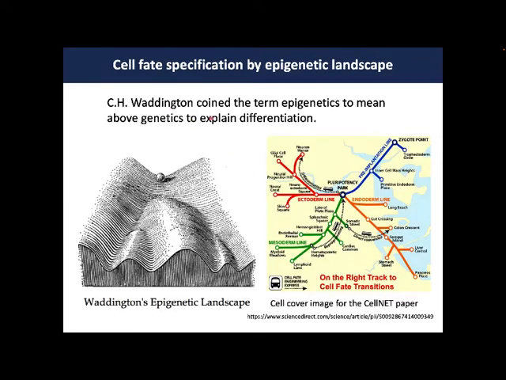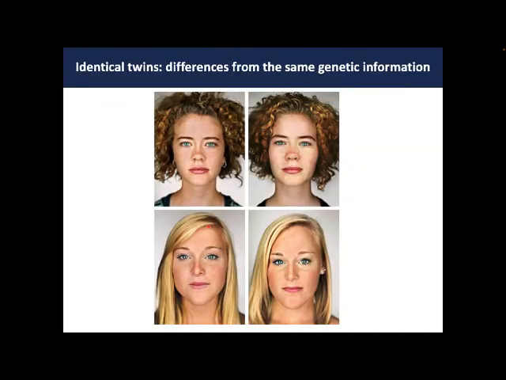Conrad Waddington coined the term epigenetics, meaning above genetics, to explain differentiation. Thus, genetics, the DNA sequence, cannot explain this phenomenon. The variations on top of the genetic information, we call the epigenetic landscape.